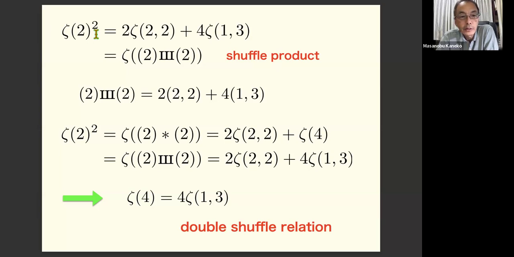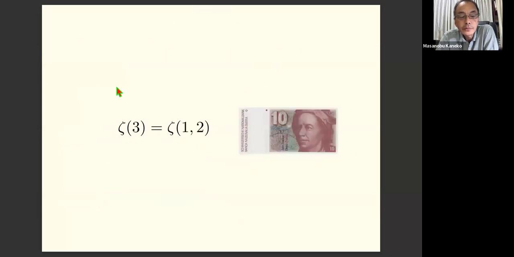We cannot obtain weight 3 relations in this way, but there is a relation due to Euler, the famous one. So there are two MZVs of weight 3, zeta 3 and zeta 1, 2, but actually they are equal. This is due to Euler.